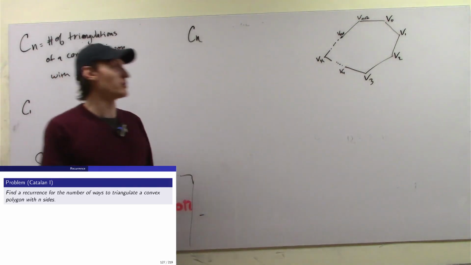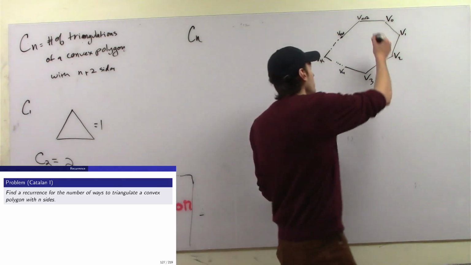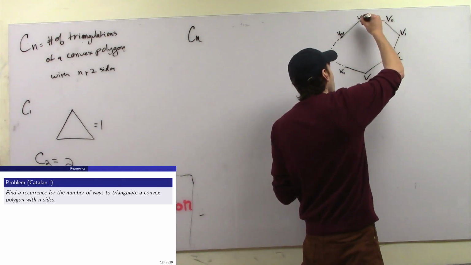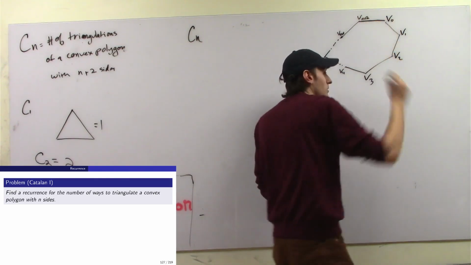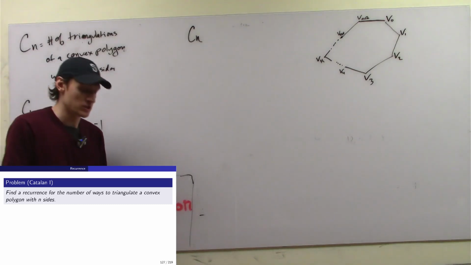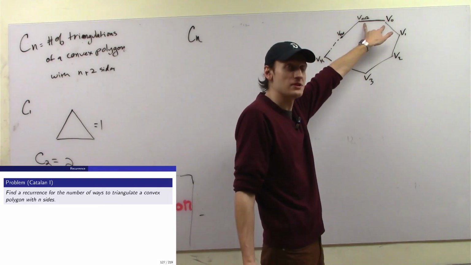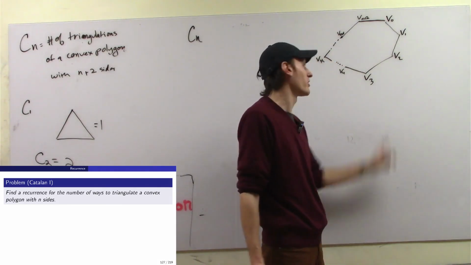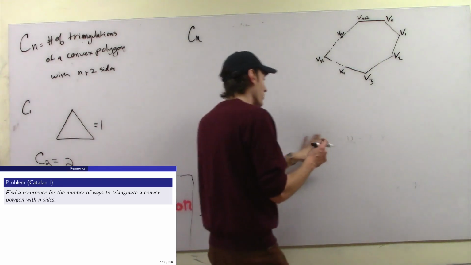When we make a triangulation, suppose I've triangulated this thing. I want to look specifically at the line segment from vn plus 2 to v0, this line segment right here. That's going to end up being in a triangle in my final triangulation. So it's going to be these two vertices, and a third vertex outside of those two will form a triangle.